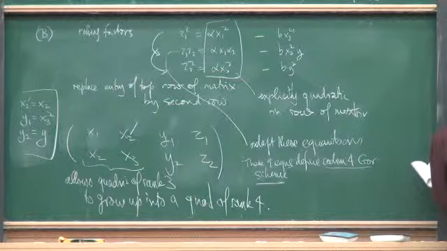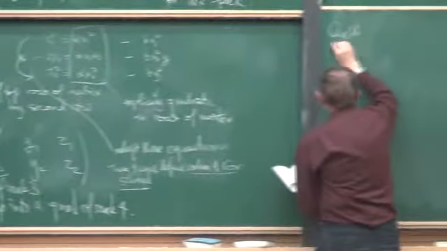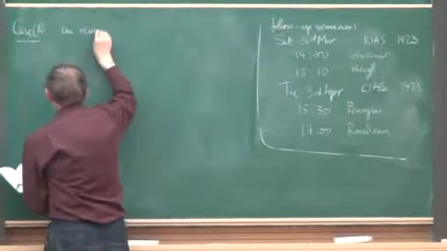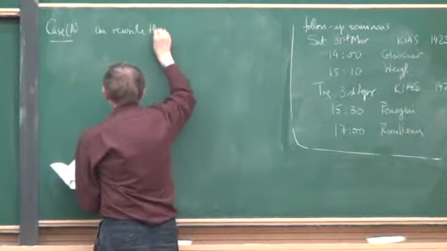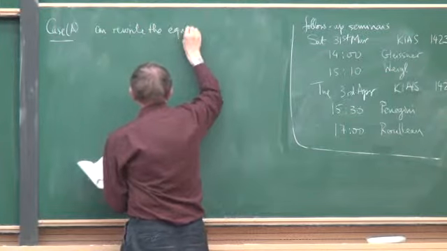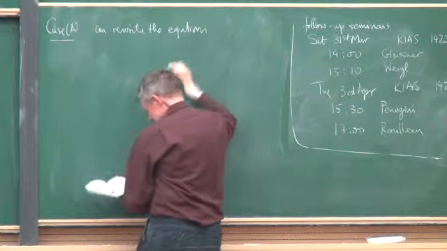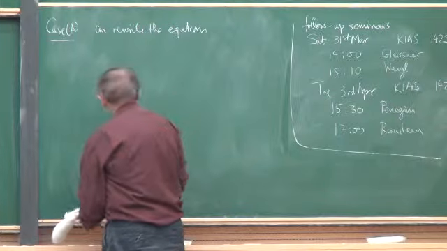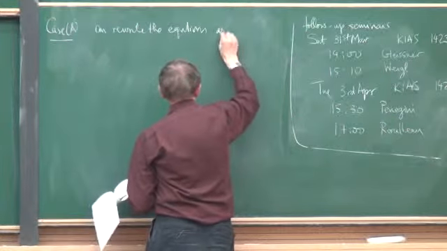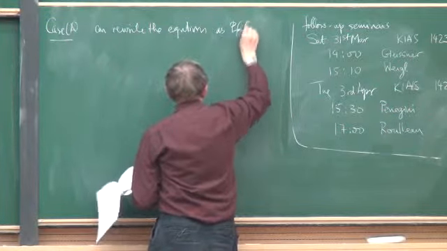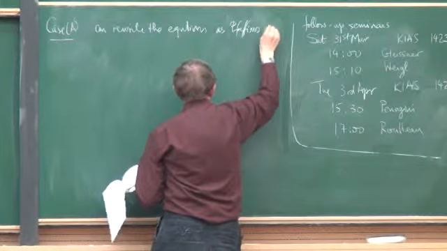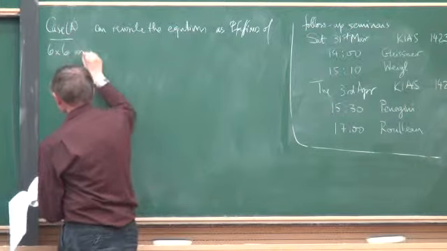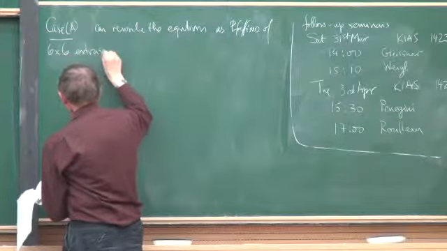So on the other hand, case A, I can rewrite the equations in the form as Pfaffians of, so I'm going to write down a 6 by 6 extrasymmetric matrix.